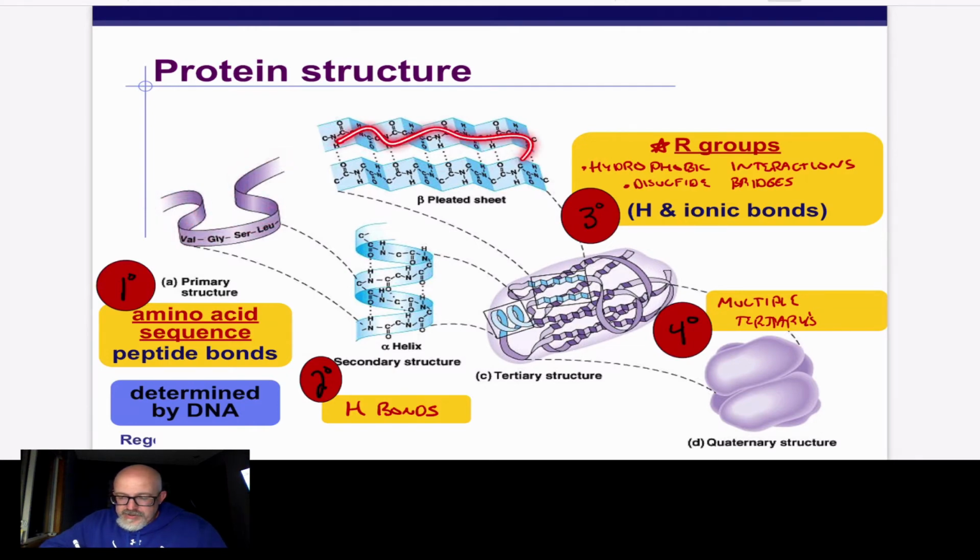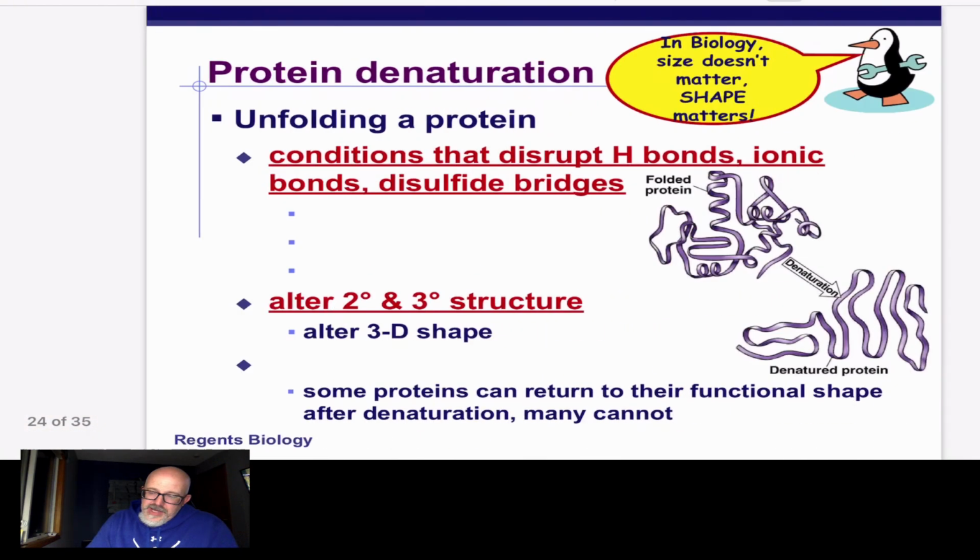Secondary, either folded or helix because of hydrogen bonds. Tertiary, we now pull in the R groups, and they start to cause interactions to happen, either hydrophobic interactions, disulfide bridges, hydrogen bonds, ionic bonds, all of those things, and then put a bunch of those together, and we get the multiple tertiaries. And that's the polypeptide, big polypeptide.